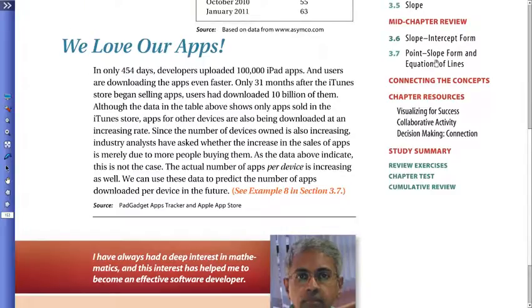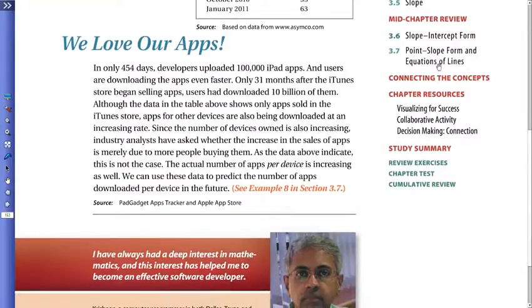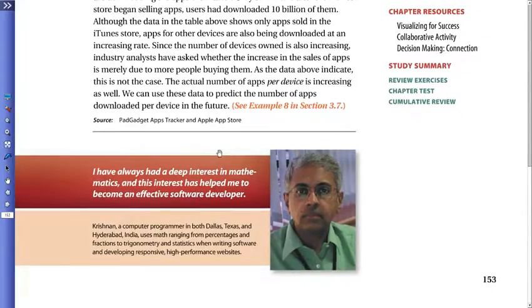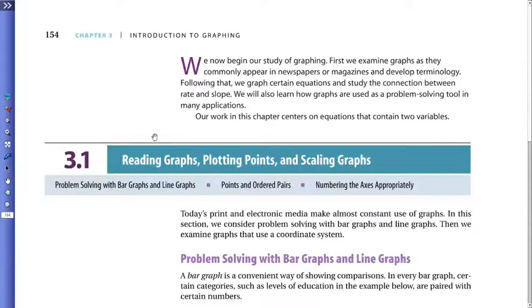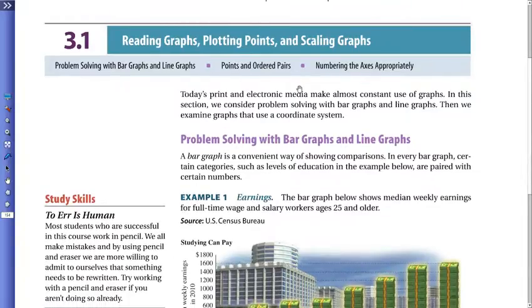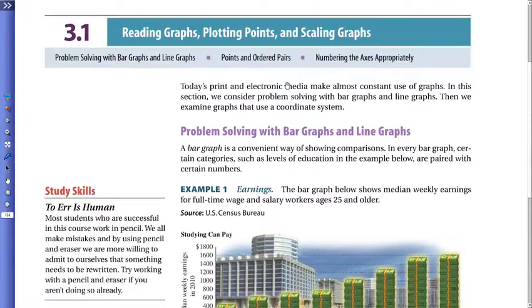And then we're going to take parts of the information we can pull, like from a graph and a slope, and be able to create an equation from the actual picture of it, and so on. A little stuff about computer programming and using some of this stuff. So, here we go. Let's start with reading graphs, and then we're going to get into plotting points and scaling graphs.